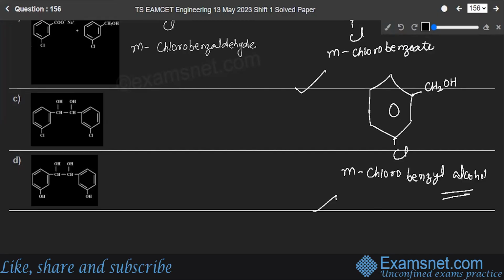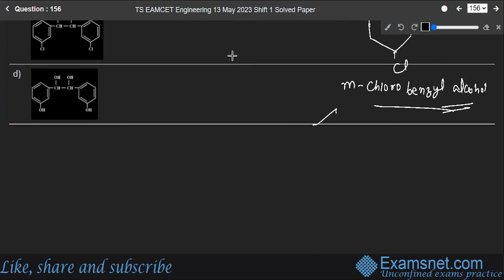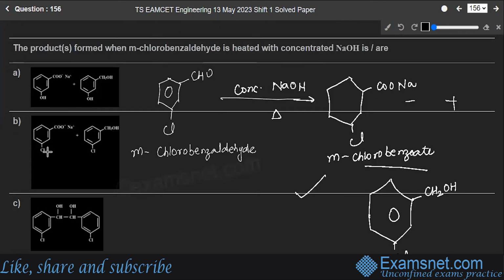So these are the two products which are formed. m-Chlorobenzaldehyde on reaction with concentrated sodium hydroxide gives sodium m-chlorobenzoate and m-chlorobenzyl alcohol. These are the two products formed. So that is option B. Hope you understood that. Let's move to the next question.